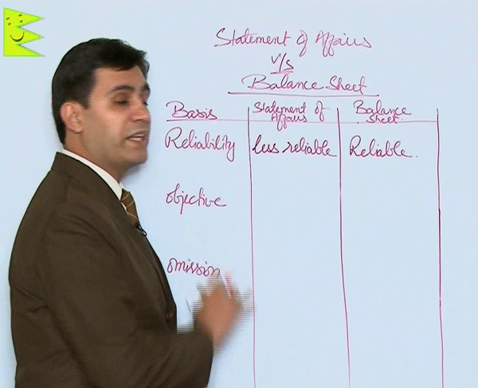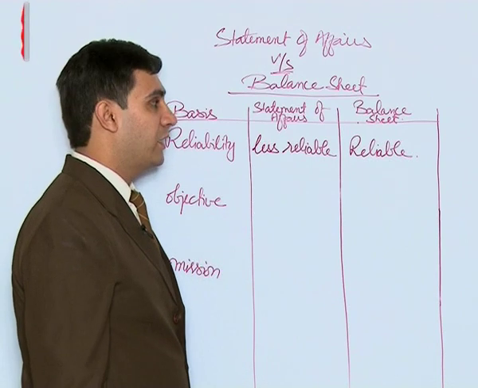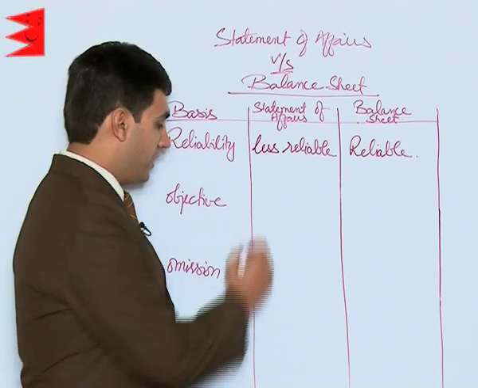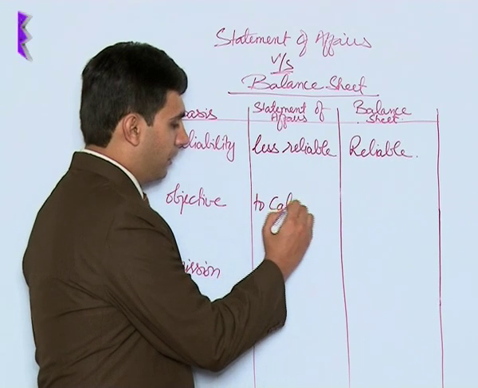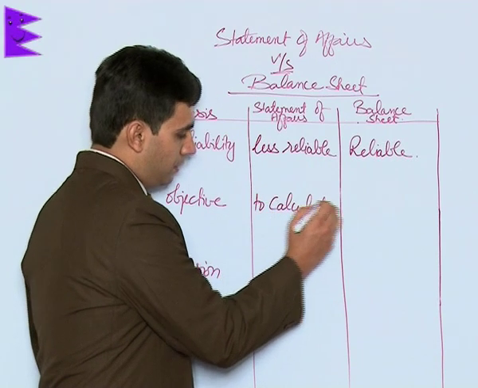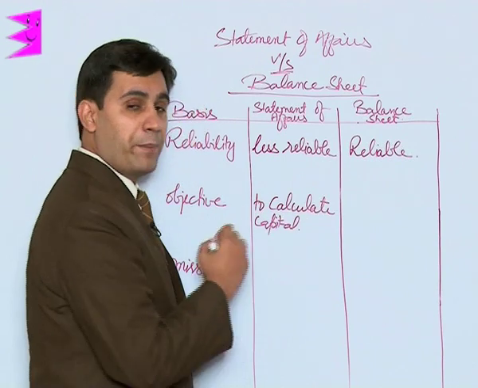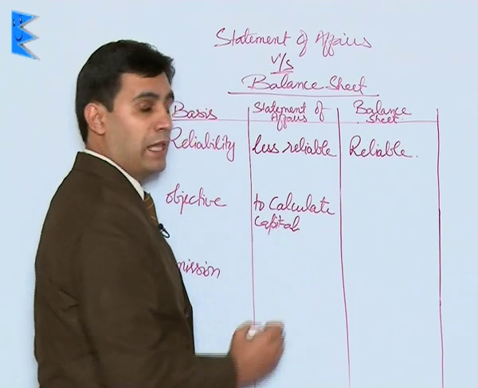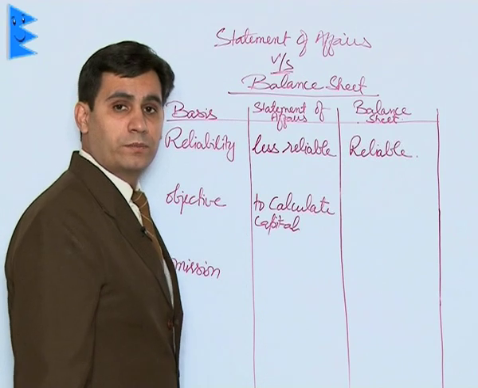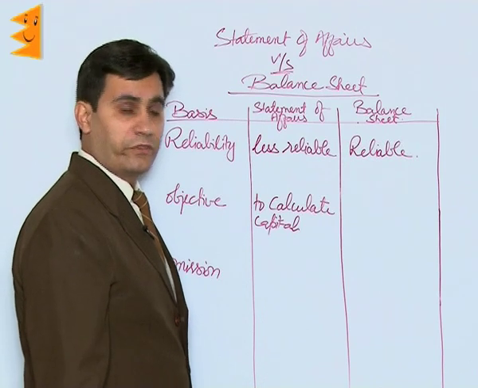Then coming to objective. The basic objective of statement of affairs is to calculate capital. This capital is then further used to calculate profit and loss. There is no other objective.